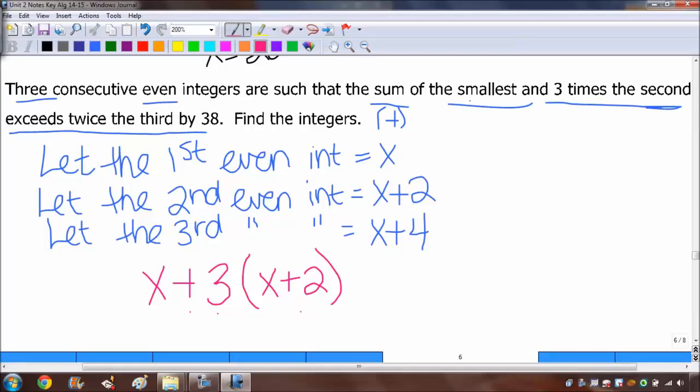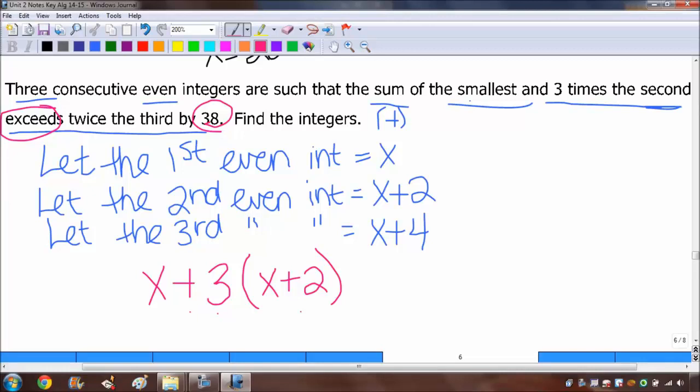To exceed a number means to be more than a number by a certain amount. So it exceeds it means that the sum of the smallest and 3 times the second is equal to 38 more than twice the third. Okay? So hopefully that rewording makes a little bit more sense to you. 38 more than twice the third.